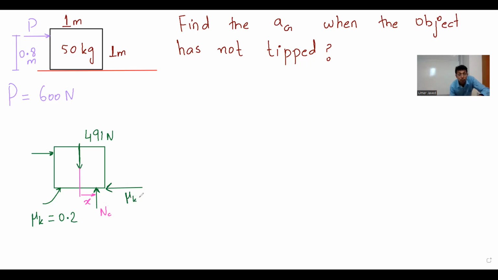So it will be mu k N C, correct? Now you can separately make a kinetics diagram, or usually what I do is I use a different color. So what will I do for the kinetics diagram? There will be AG, right?